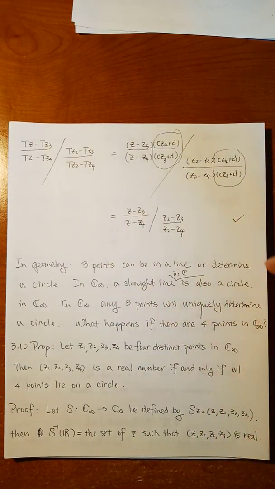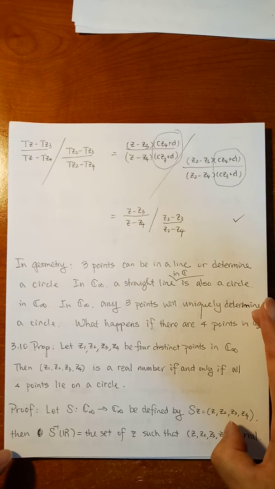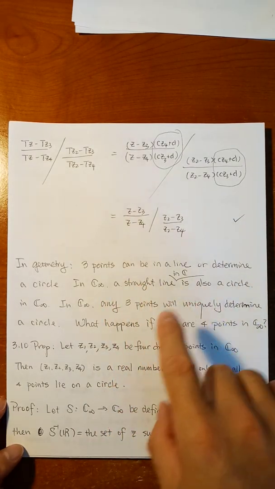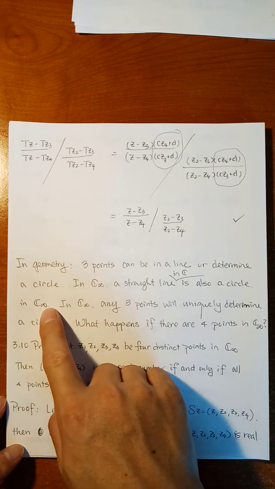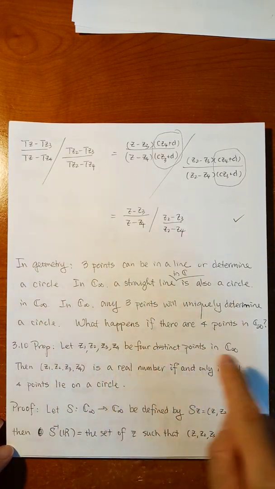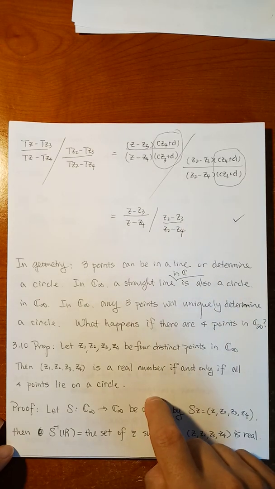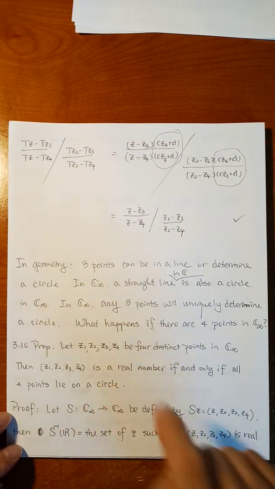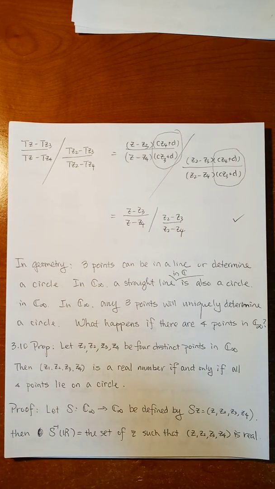So that's just an attachment for the last video. Then we observe that 3 points always lie on a circle in C infinity. Then we want to study the property for 4 points in C infinity. The proposition says 4 points lie on a circle if and only if the cross ratio is a real number.